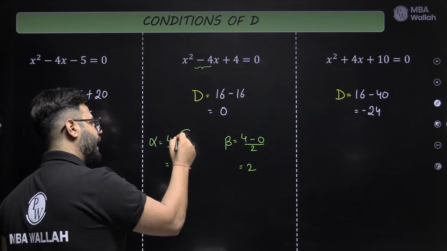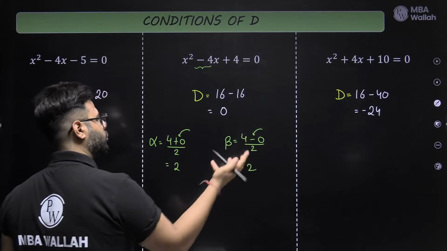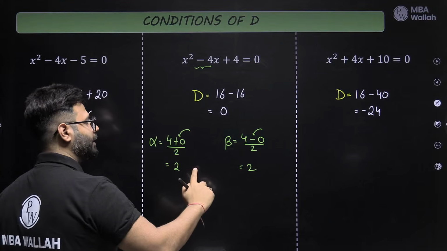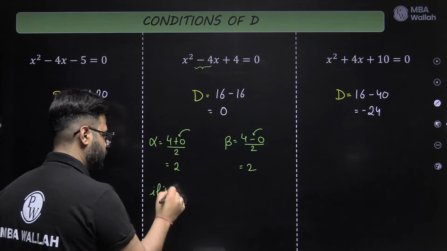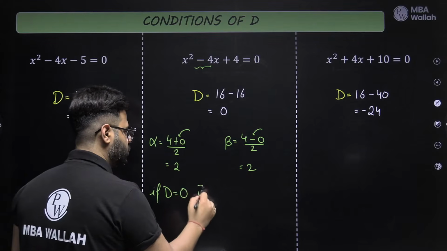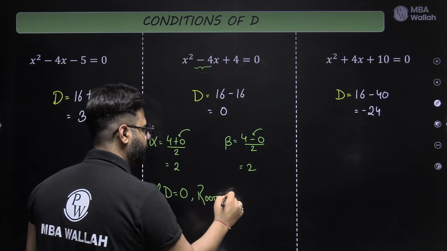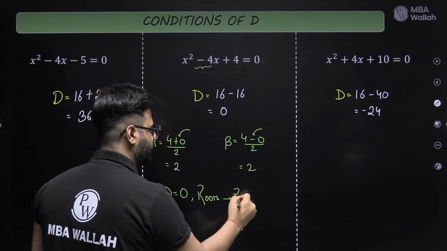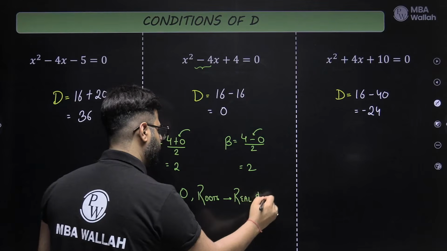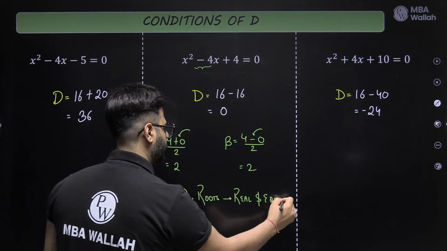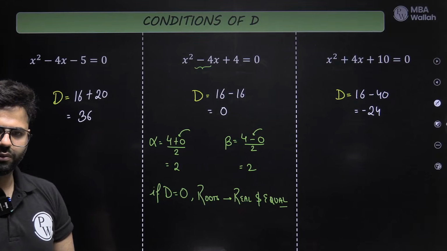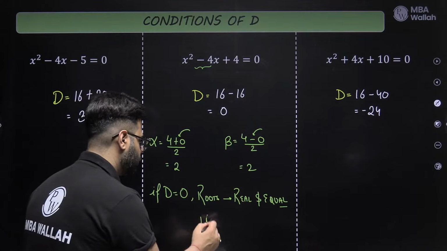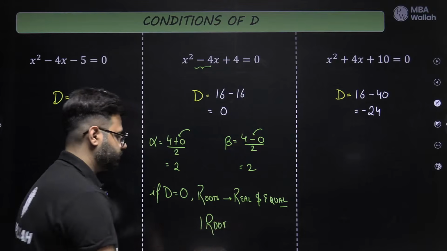Because if I add a 0 or subtract a 0, no change. So do we realize one thing, that if d turns out to be 0, then roots will become real and equal. It's not that we'll not be able to solve the equation, but ultimately we'll get real and equal roots, right? So that means one root only, correct?